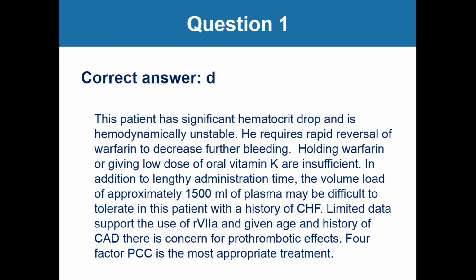In addition to the lengthy administration time, the volume overload of approximately 1,500 mils of plasma may be difficult to tolerate in this patient with a history of congestive heart failure. Limited data support the use of recombinant 7A, and given age and history of coronary artery disease, there is concern for prothrombotic effects. 4-factor PCC is the most appropriate treatment in this patient.